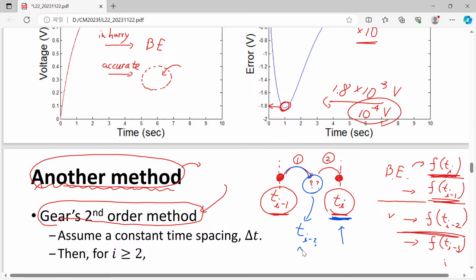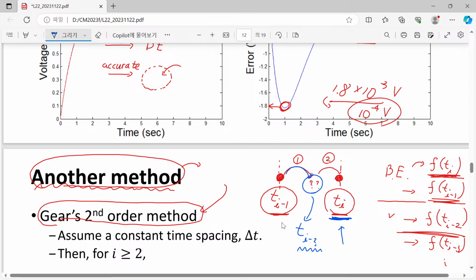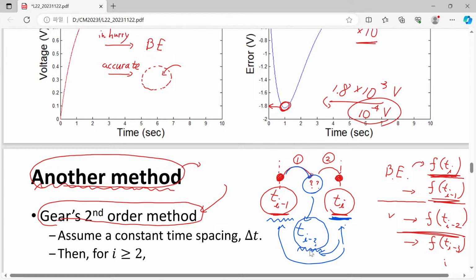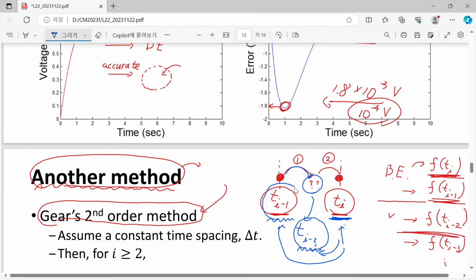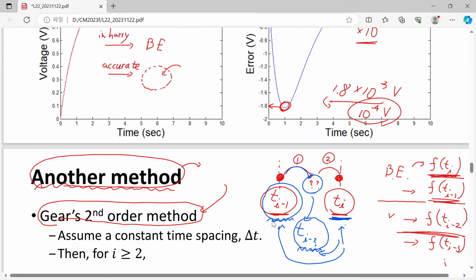For example, you have the solution at this constant time instance, and also you have another one. So you take both of them as a past value, first past value and second past value, so you apply a second order method for your t sub i.